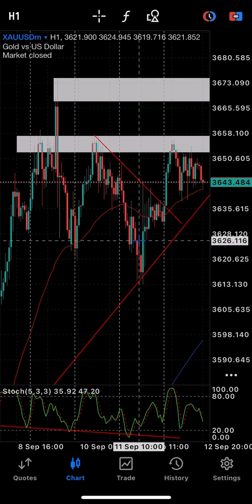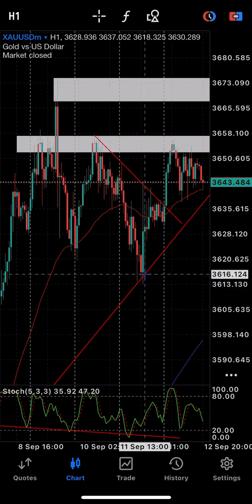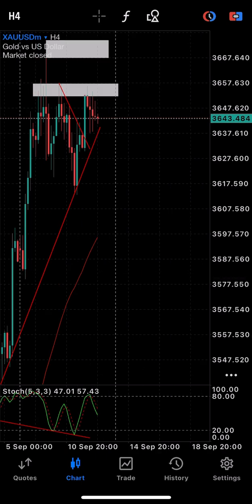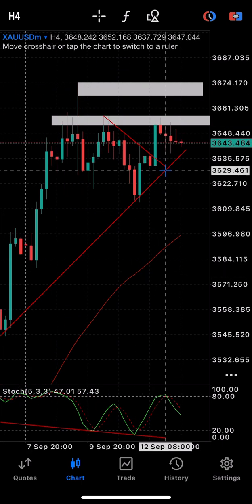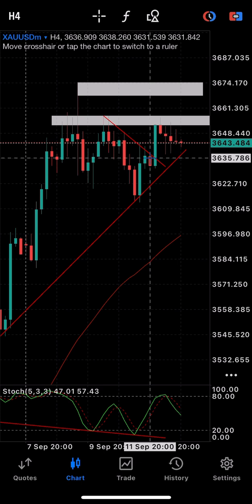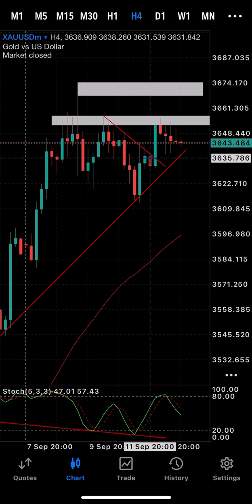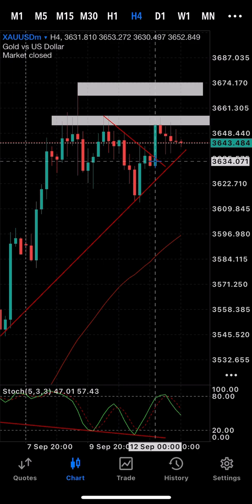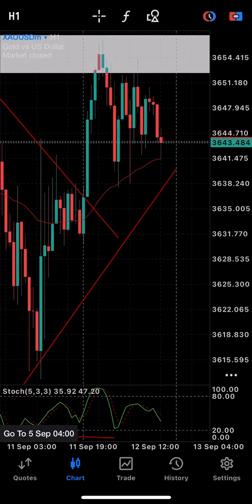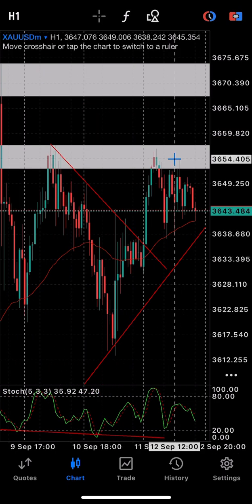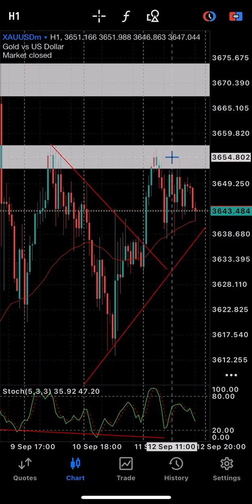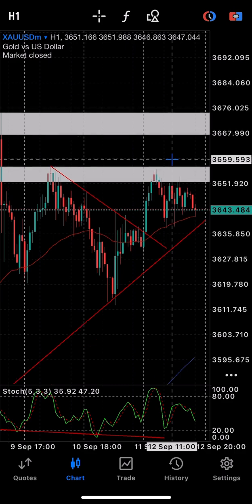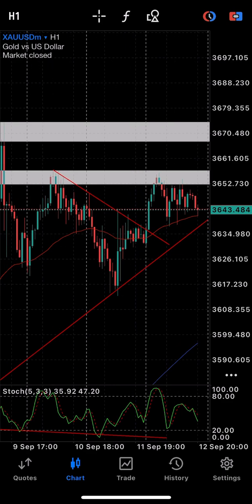But because the trend is bullish and there is the divergence on our 4 hours time frame, the market couldn't sell for long from this trend line. The market broke the trend line and came back to this resistance here, showing us that this market is still likely bullish.